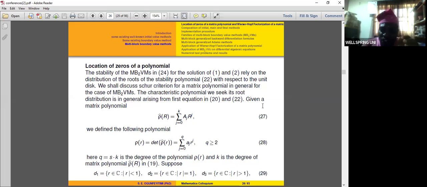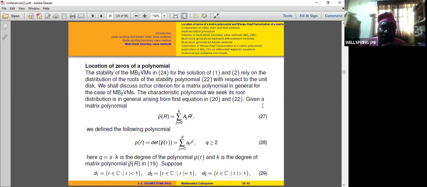Now, we want to assume that we have D1, the roots inside the unit circle. When you have absolute of R less than 1, we are saying that all the roots are less than 1. When absolute of R equals 1, we have roots on the boundary.